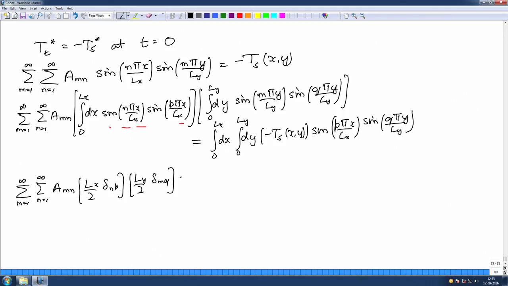This is the right side: integral 0 to Lx dx, integral 0 to Ly dy, times minus the steady temperature of x and y multiplied by these two functions.